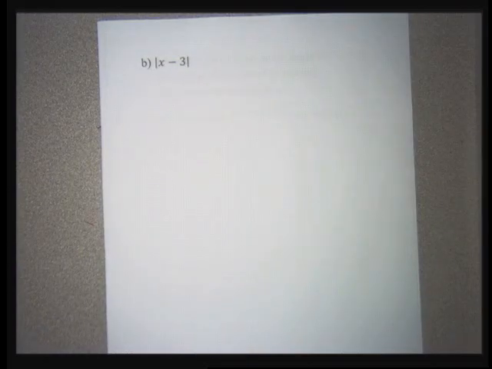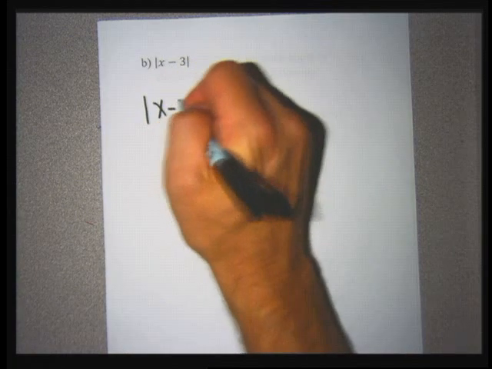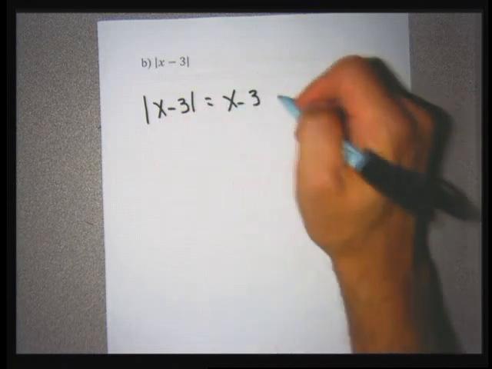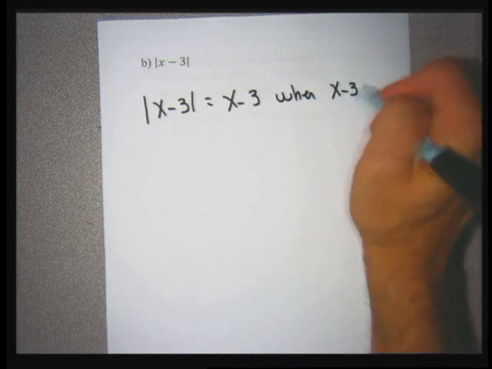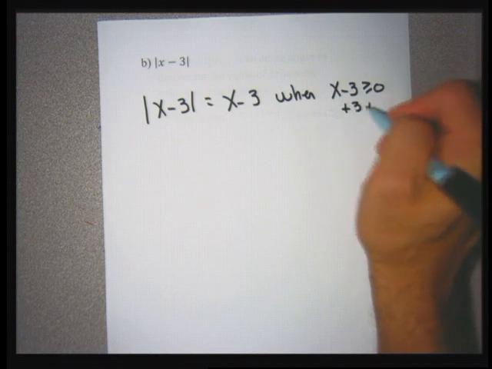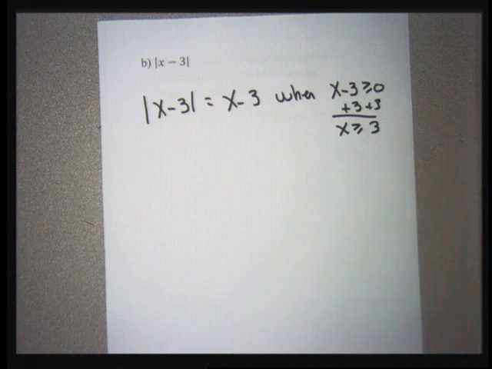So same thing for problem part B of 19. The absolute value of x minus 3 only equals x minus 3 when x minus 3 is greater than or equal to 0, or that is when x is bigger than or equal to 3.